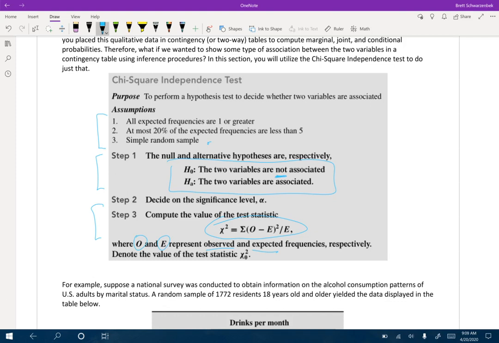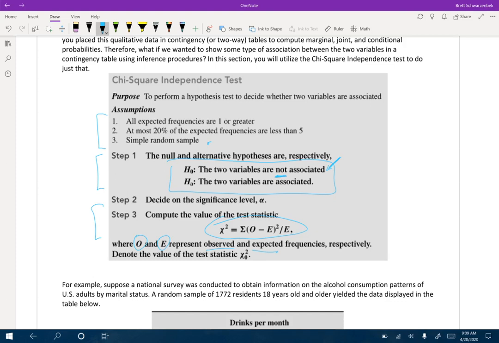So if they're not, then that means they're not associated. So think about that for a second. When O and E were the same, you went with the null. Well, we have to do that again. So if O and E are the same, that means they're not associated in this scenario, which means the null has to be not associated. So yes, that's weird, but you just have to get used to it.